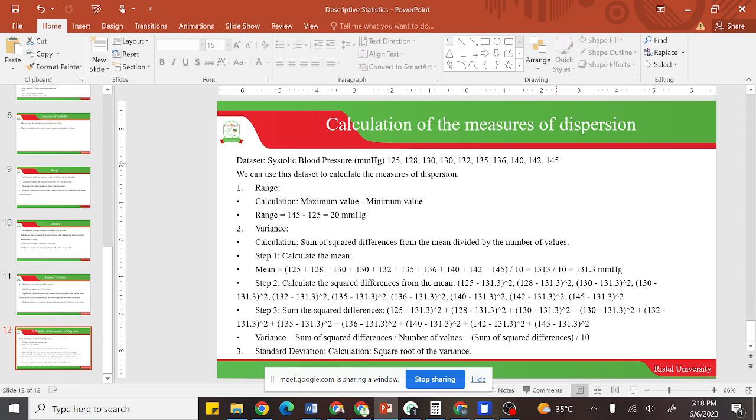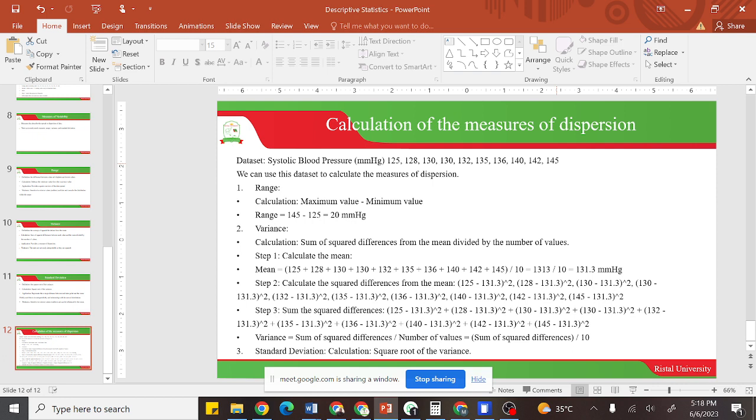Remember, variance is the average of the squared differences. The steps of calculating variance are basically three. You first calculate the mean, which is basically the sum divided by the number of values, which we have looked at.